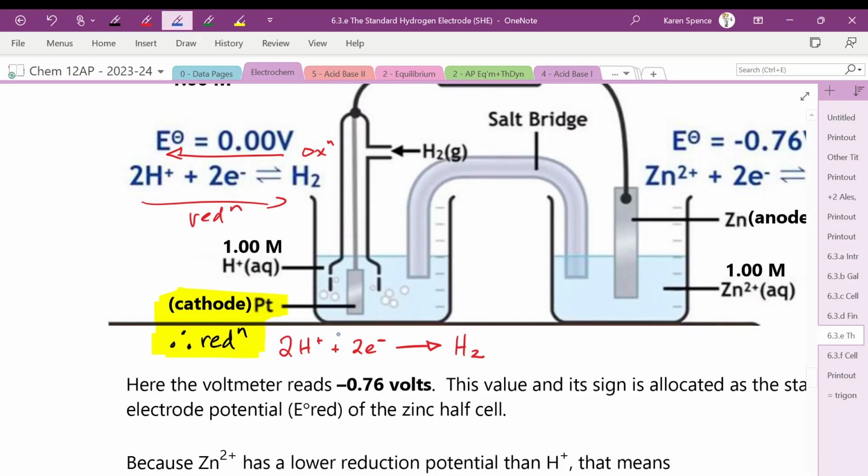What is happening to the amount of H+? It is decreasing. Therefore, what is happening to the pH? The pH is increasing. This is the kind of question that could show up. They do like to ask about pH near an electrode if there's any sort of reaction involving hydrogen, either as a reactant or a product. Okay?